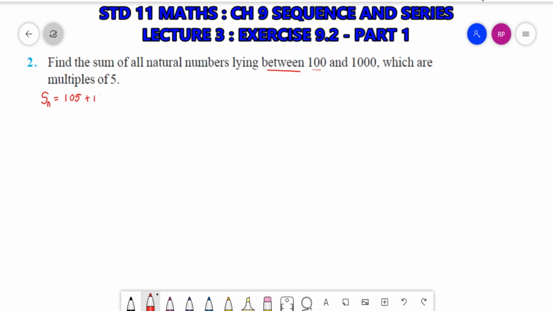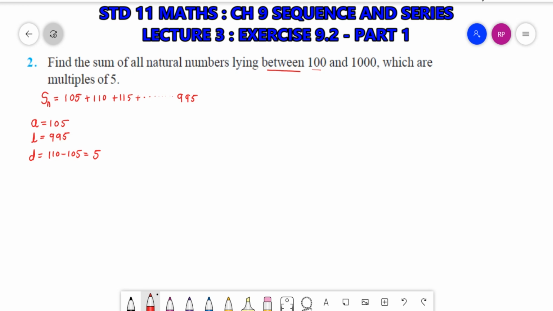So the next multiple is 110. The next multiple is 115. The last multiple will be 995. Okay. So here the first term a is equal to 105. The last term L is equal to 995. The difference d, that is 110 minus 105, is equal to 5.